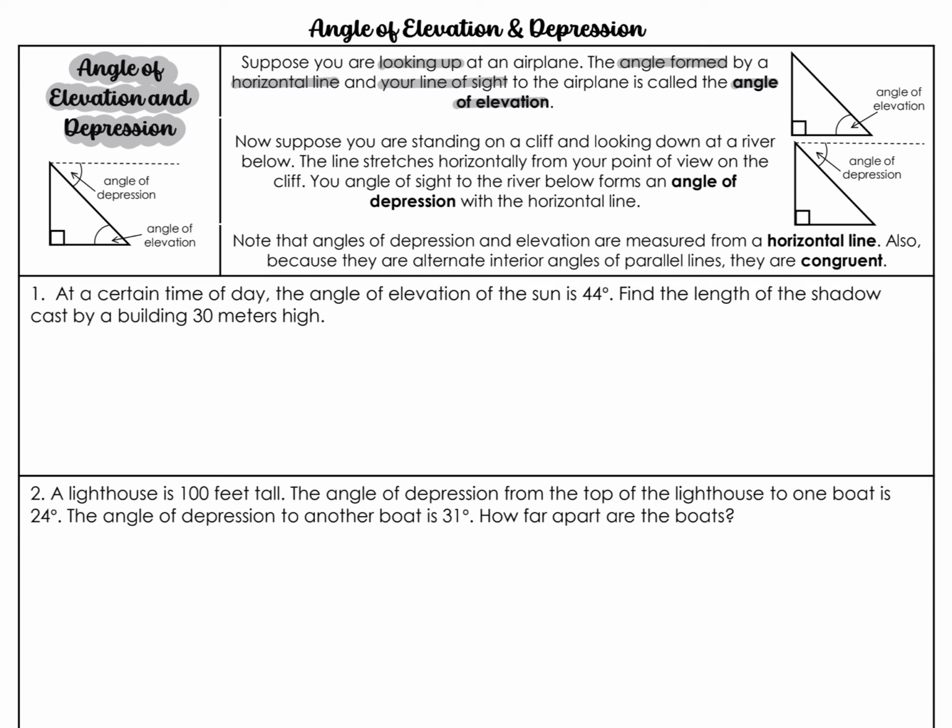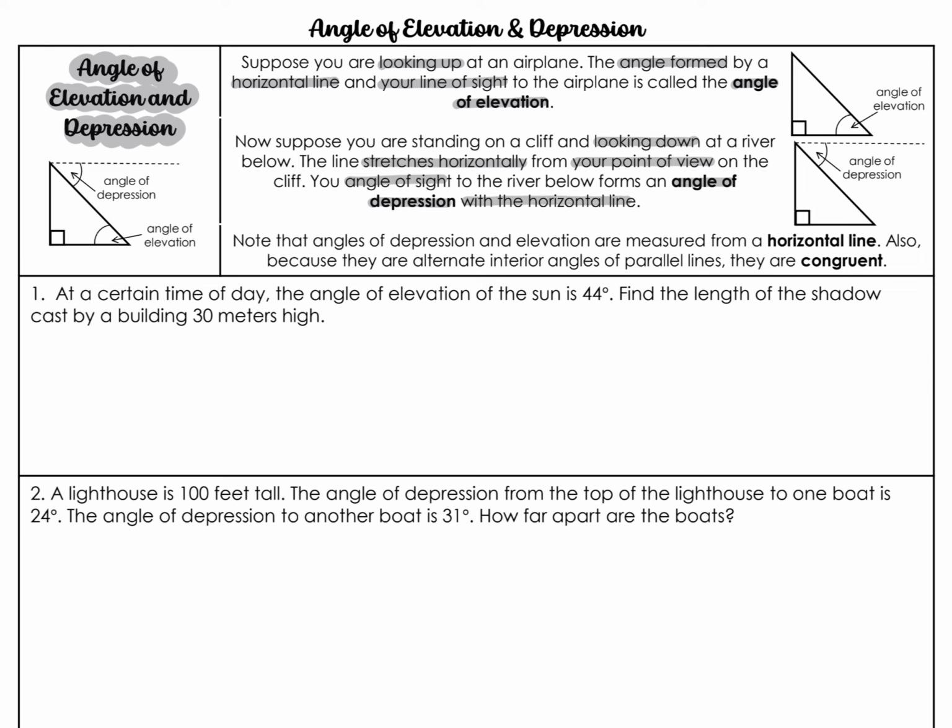Now, suppose you are standing on a cliff and looking down at a river below. The line stretches horizontally from your point of view on a cliff. The angle of sight to the river below forms an angle of depression with the horizontal line.